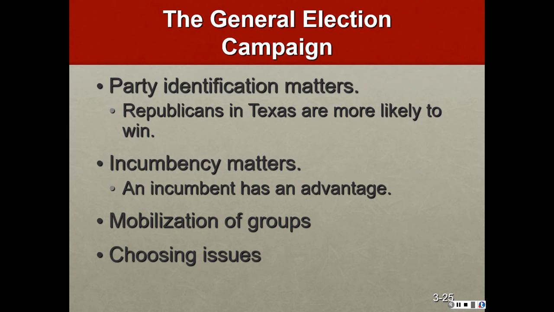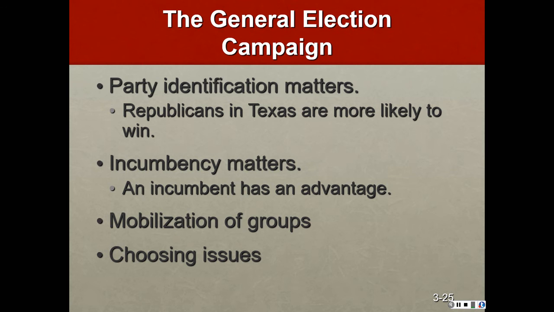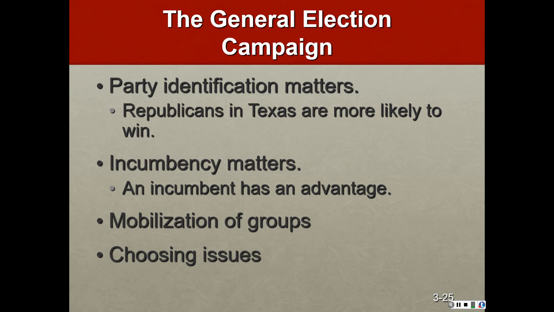So usually we see our candidates take middle of the road sides. They don't want to pick a very divisive issue if they can afford it. They want to get elected. They want to avoid those kinds of things.